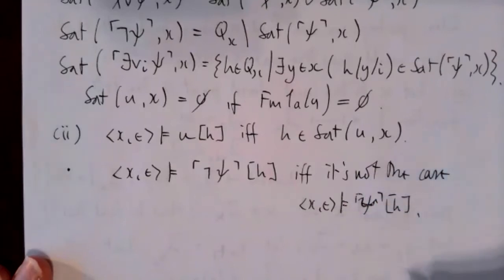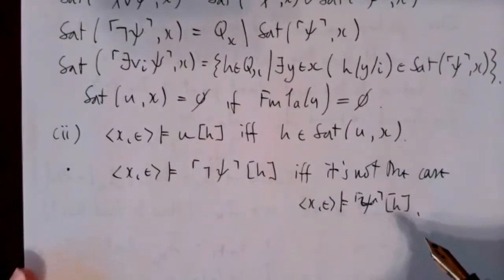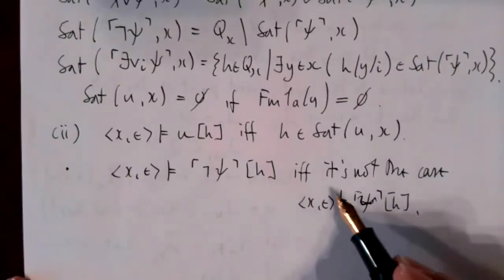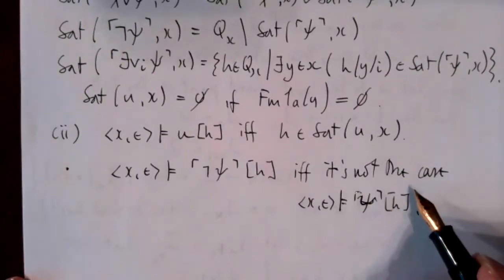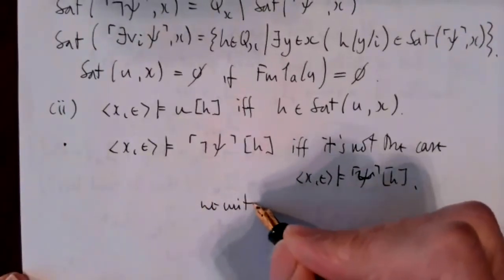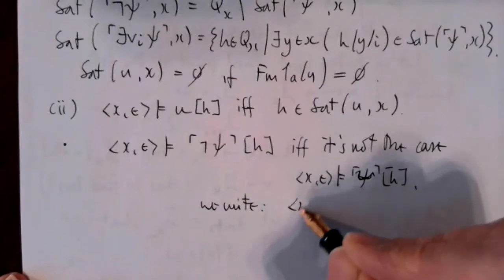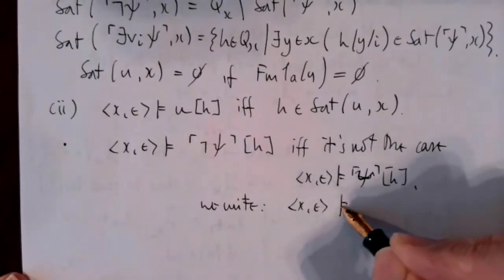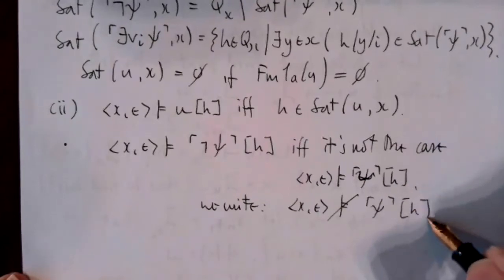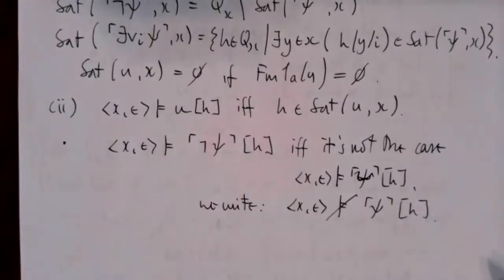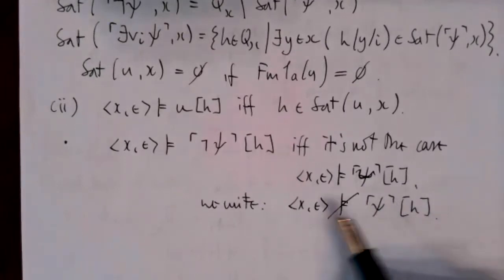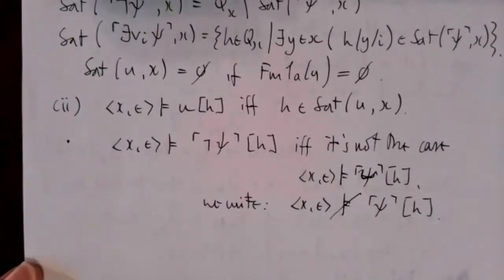That's what negation means, right? So we sometimes write, if it's not the case, we just strike out the double turnstile. Right, so it's not the case that h makes psi true in x.